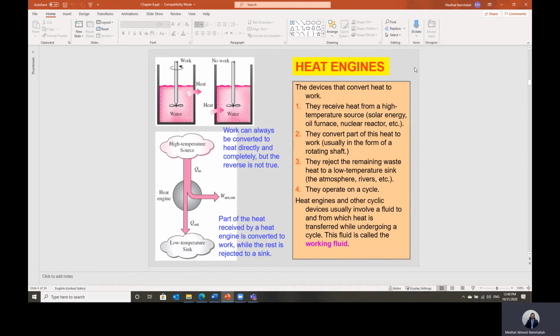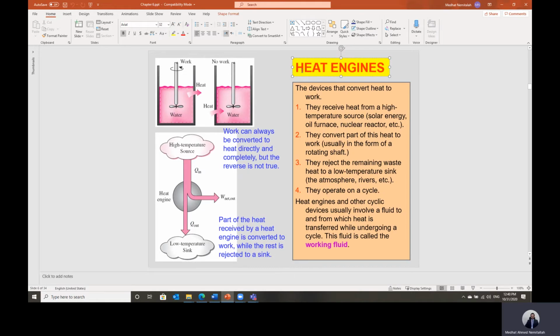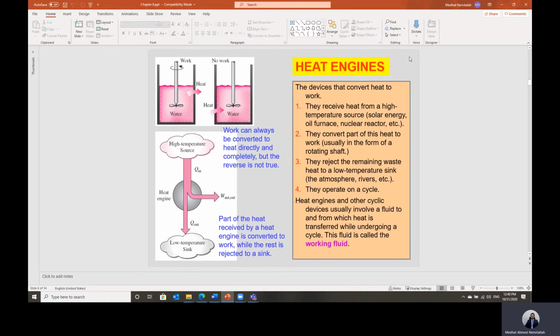We said there are two main applications of thermodynamics. One main application is what we call the heat engine system, and the other application is refrigeration, heat pump, and also air conditioning systems. They are all working on the same cycle. A heat engine converts heat into work. Refrigeration, air conditioning, and heat pumps work on the same cycle, and they convert work into heat.